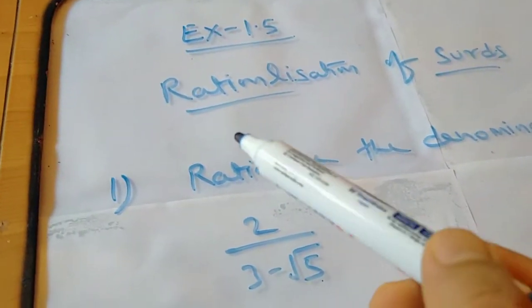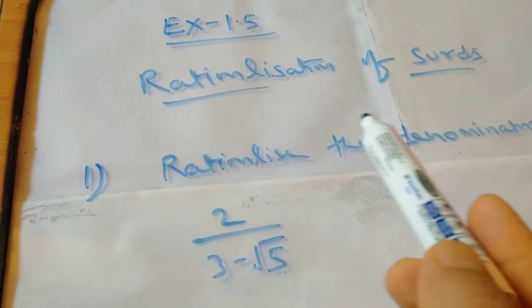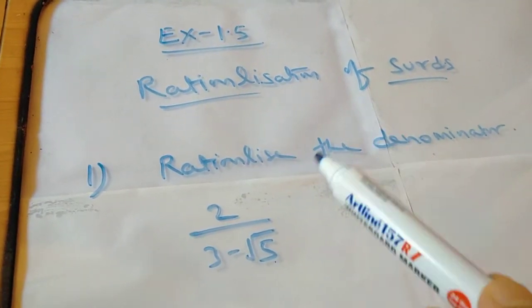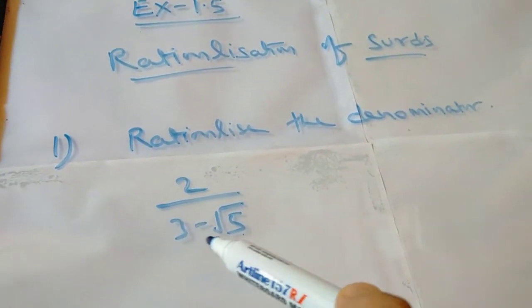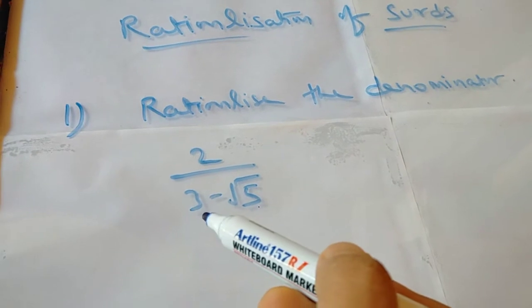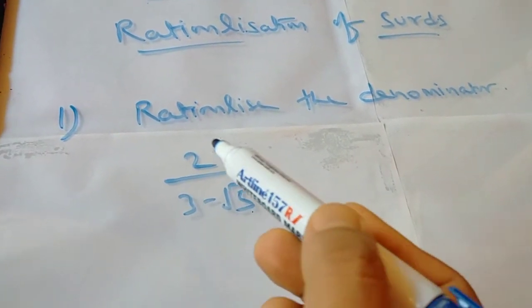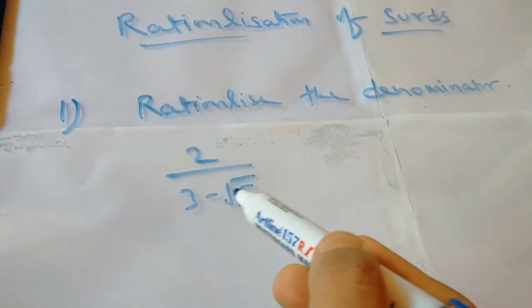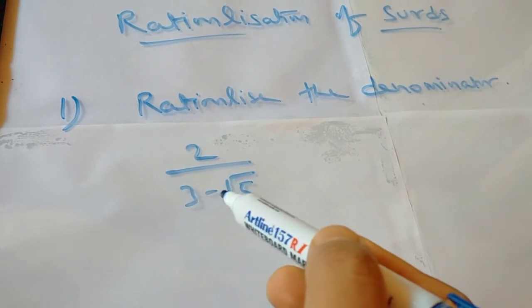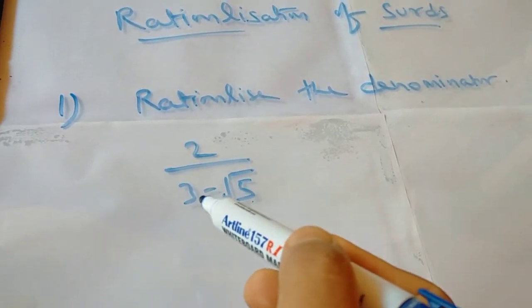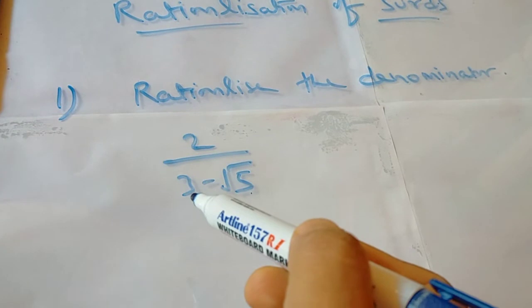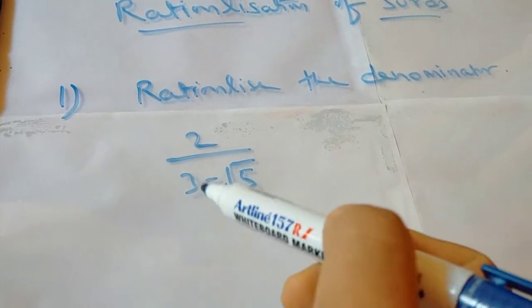Now we have to discuss another topic, that is rationalization of surds. Here we are going to rationalize the denominator. The denominator given is 3 minus root 5. If I want to rationalize this number, I have to multiply it by the conjugate of this number. Conjugate means if it is given in a plus b form, the conjugate is a minus b.